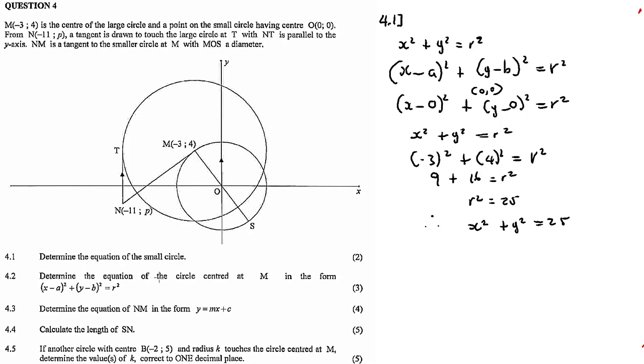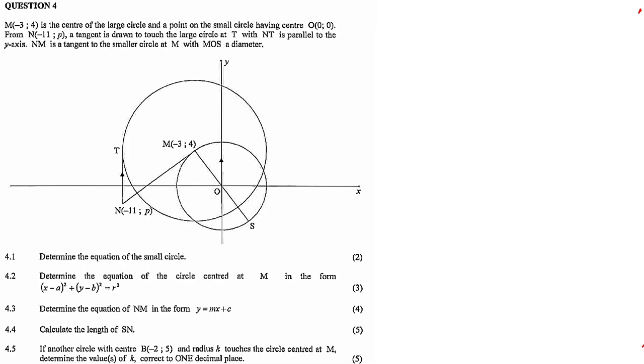4.2: determine the equation of the circle centered at M. So this is the equation for the big circle in this form. We want the equation for the big circle. This is the general equation, (x minus a) squared plus (y minus b) squared equals r squared.